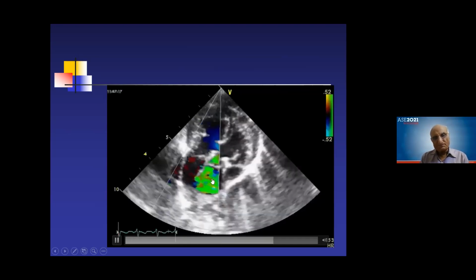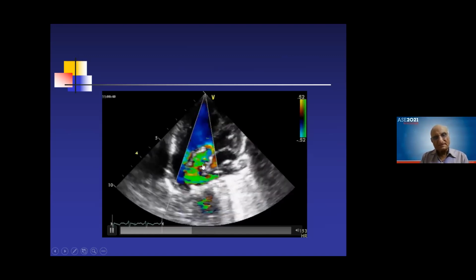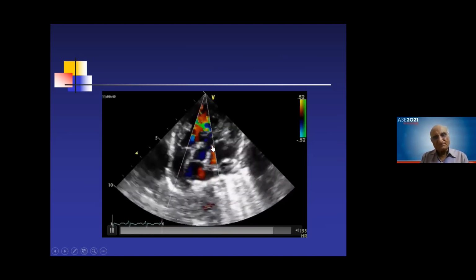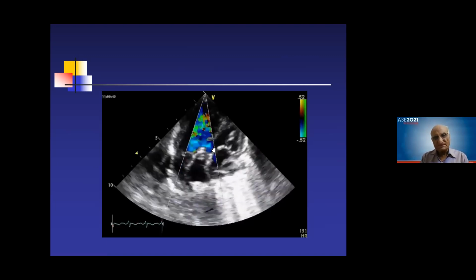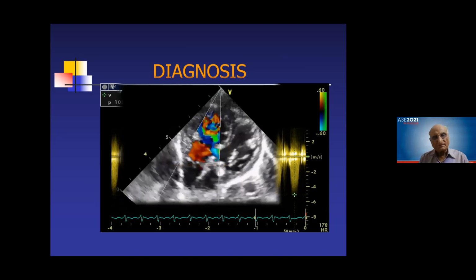Again, when we modify the transducer, you can see there is a bifurcation. So this confirms that the pulmonary artery is arising from the left ventricle, and as you see, there is a significant pulmonary stenosis with a gradient of 105 millimeters. So this patient had a VSD, transposition of the great arteries, and a narrowing also.